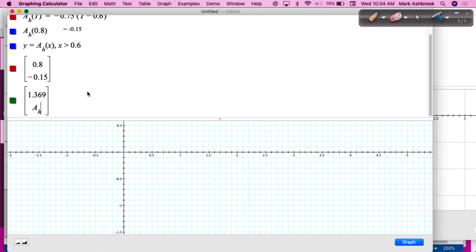So in this case, the change in height since 0.6 seconds. So I'm going to do A of h of what? 1.369. So this is really helpful because this is the value of the function when the independent variable, in this case time, is 1.369. And so then if I plot that, make it black, there it is.